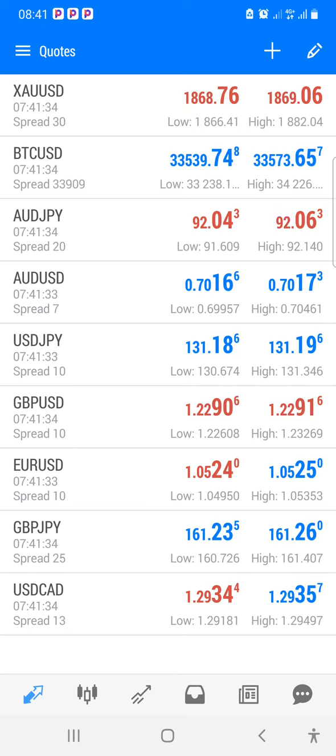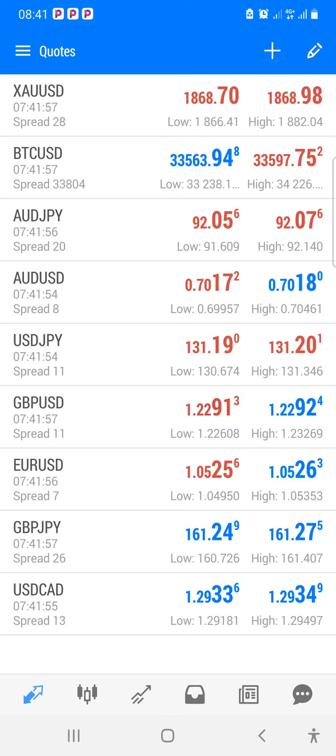If you want to buy GBP USD, it means you are buying GBP or you want to sell USD. If you are selling GBP USD, you want to sell GBP to get USD. As simple as that. If it's Euro USD, you're buying euros by selling the USD that you already have. When you want to sell, you are selling euros to buy USD.